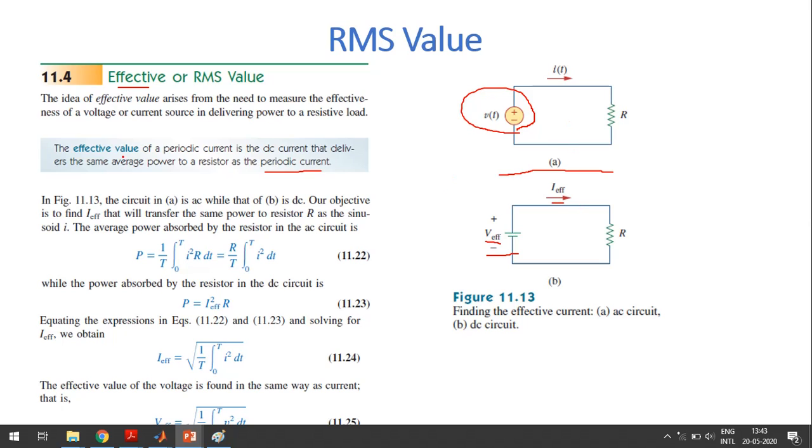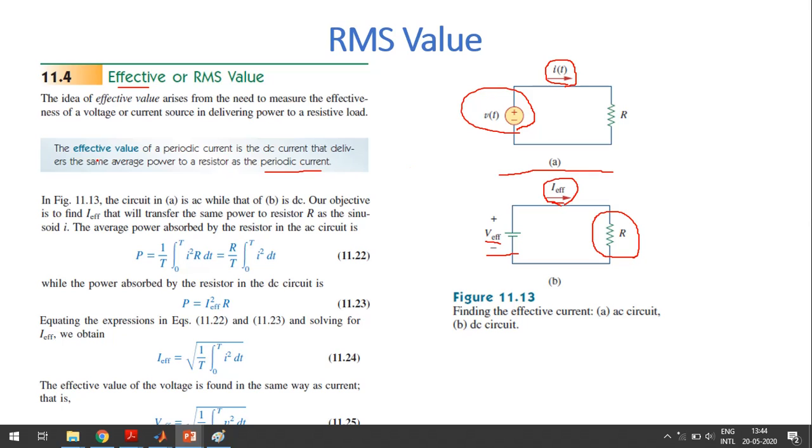Now the definition is: the effective value of a periodic current is the DC current that delivers the same average power to a resistor as the periodic current. What it means is that we are going to find the effective value of this periodic current such that it produces the same amount of power that is produced by this DC source.